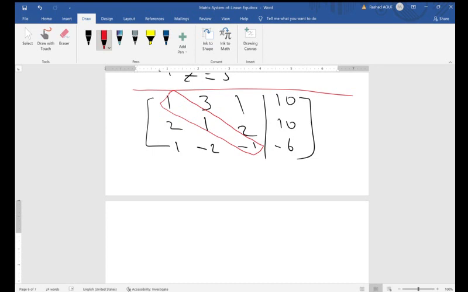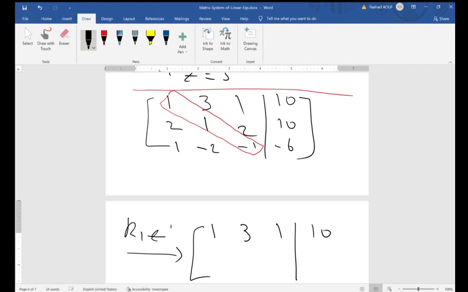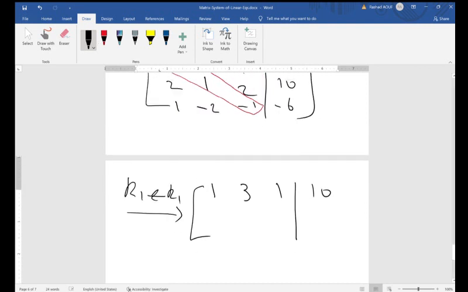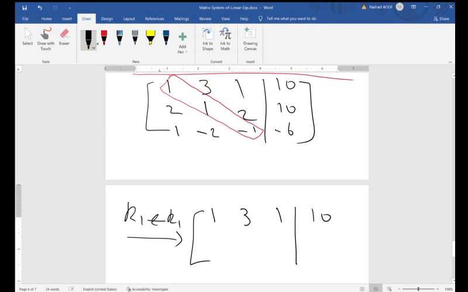For example, how can I make the 2 equal to 0? I'll leave row 1 as it is: 1, 3, 1, 10. Row 2, I make the entry element 0 with row 2 minus 2 row 1.